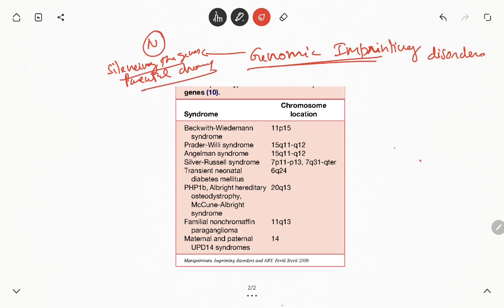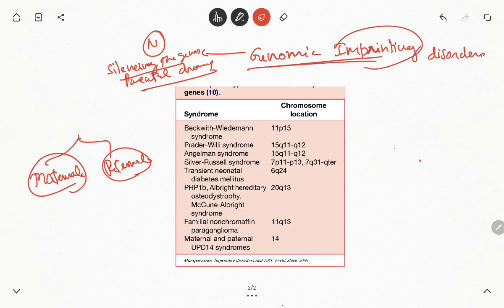So normally the chromosomes contain both a maternal and a paternal copy, right? Imprinting disorders are most commonly seen in chromosome number 7, 11, 15.